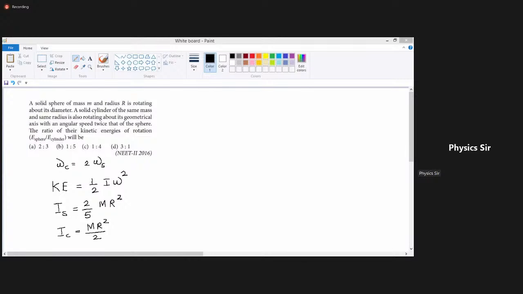So let's do this. I can write the ratio of the kinetic energy of the sphere to the kinetic energy of the cylinder. This will be 1/2 I, the moment of inertia of the sphere, into the angular velocity of the sphere whole square, divided by 1/2 moment of inertia of the cylinder, angular velocity of the cylinder square.